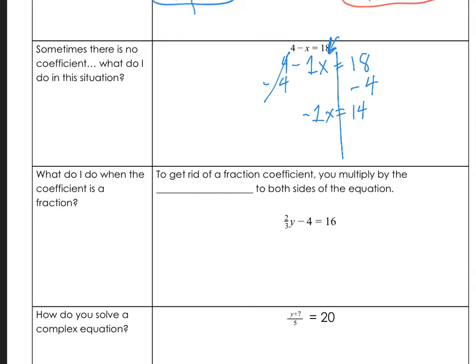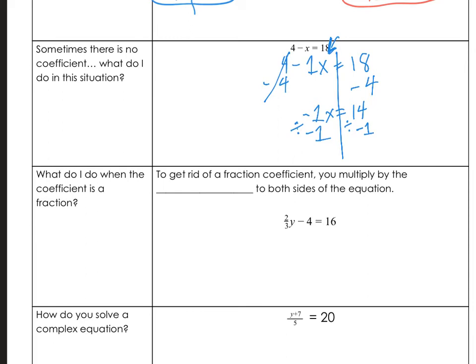Okay, so now I am not done because I have -1x equals 14. I don't want to know what -1x is. I want to know what 1x is. So in order to get just x, a positive x, I need to divide by -1 on both sides.